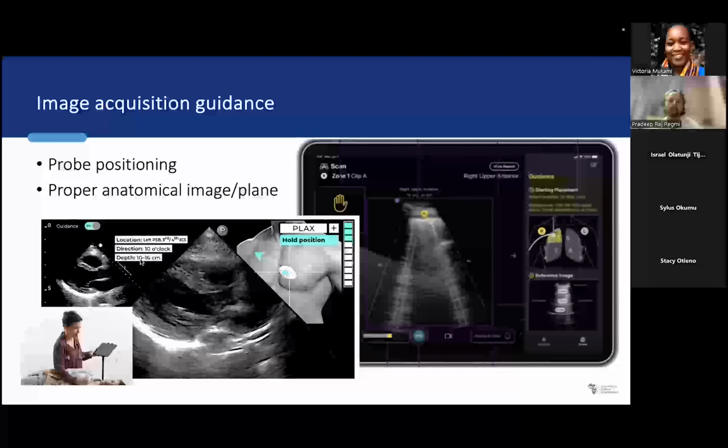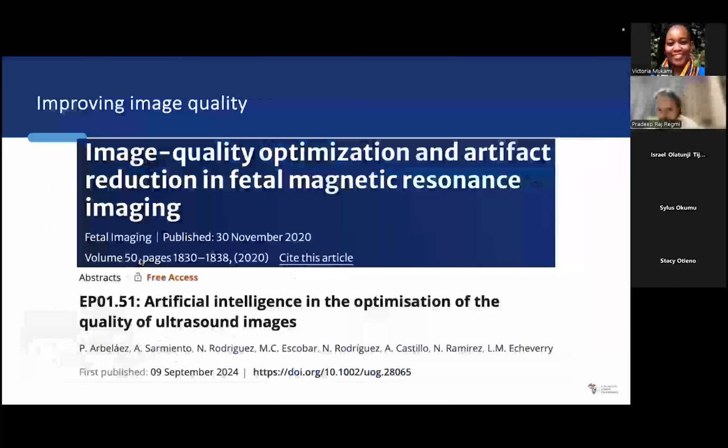AI can help in interpreting this, and another is improving image quality. Artificial intelligence, in this paper in 2020, I think, in a fetal imaging journal, reduces MRI artifacts.